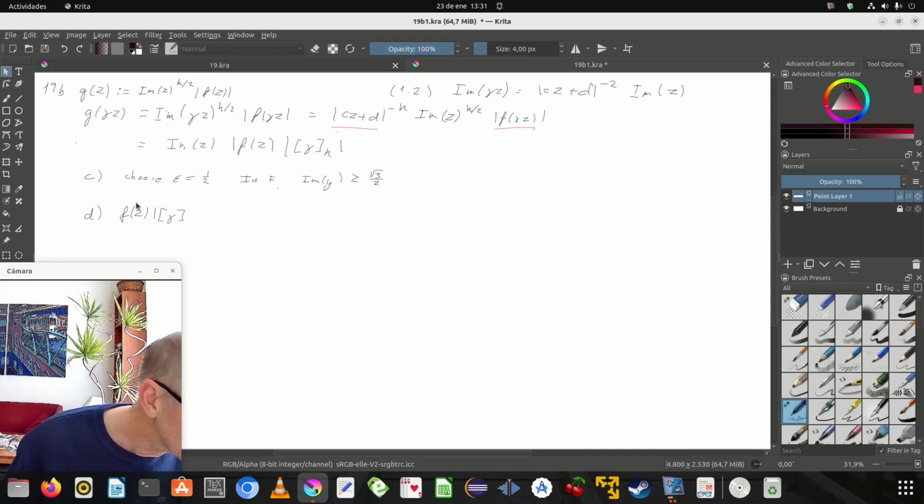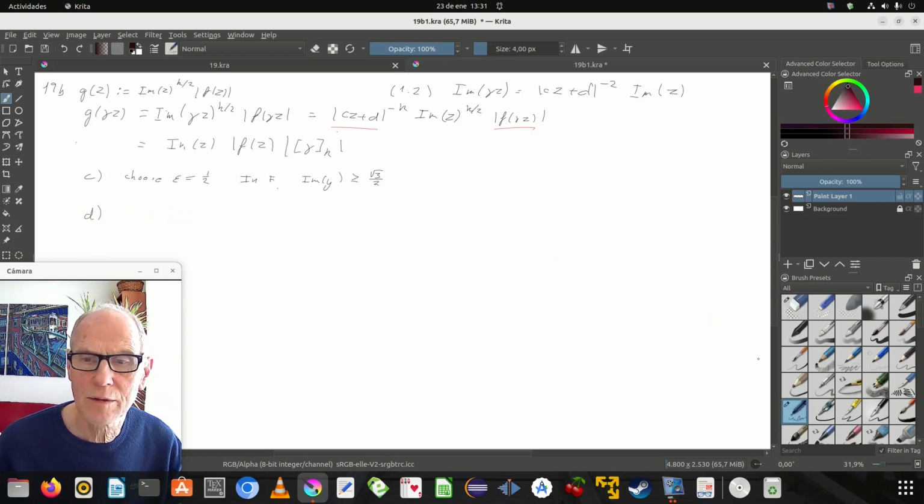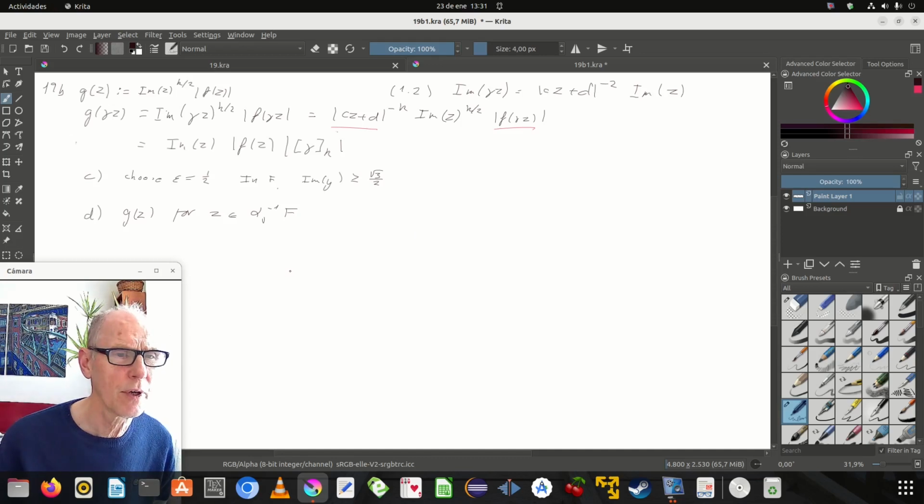Now, what are we going to show? We are going to show that g of z is bounded for z in alpha j to the minus first of F, no, we are going to show it's bounded on F. Well, wasn't that obvious?